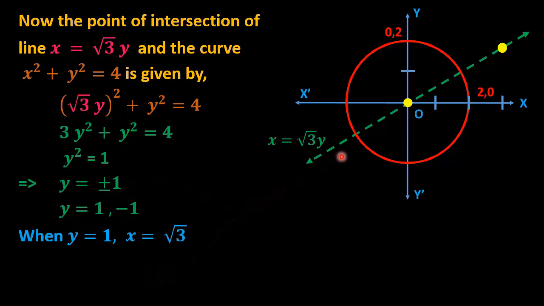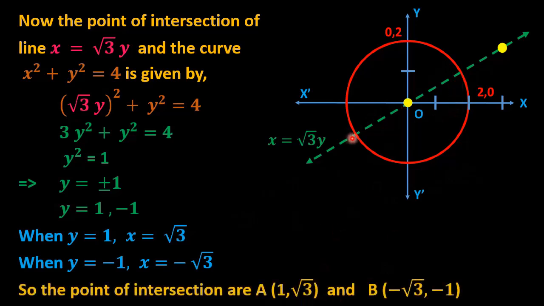This is the point in the third quadrant here. The line and the circle are intersecting at 2 points, so we have got those points. Now let us write the points. Give this point the name A and this point B. We write the coordinates here: A is root 3, 1, and here B is minus root 3, minus 1.